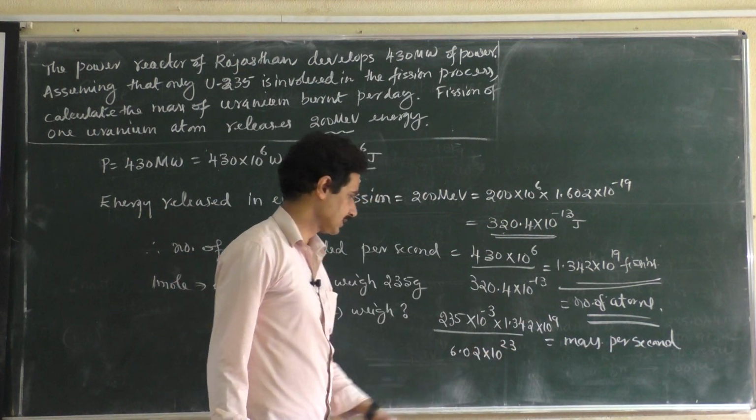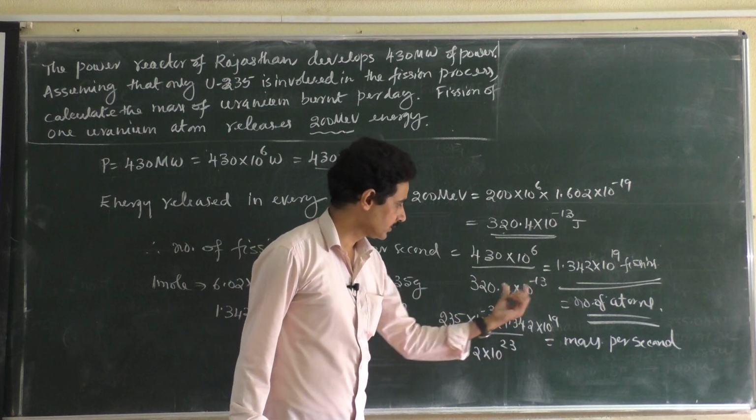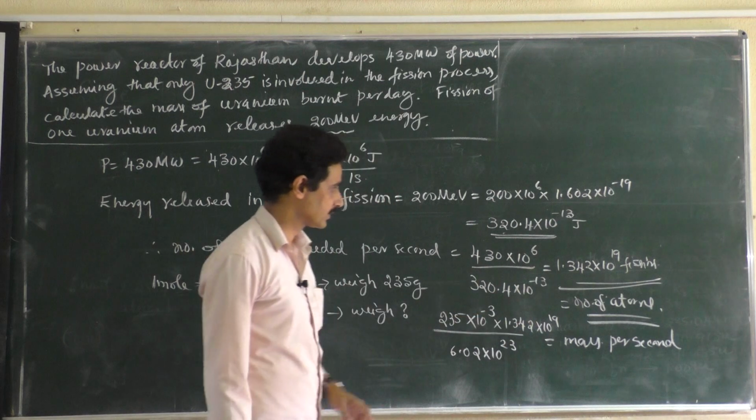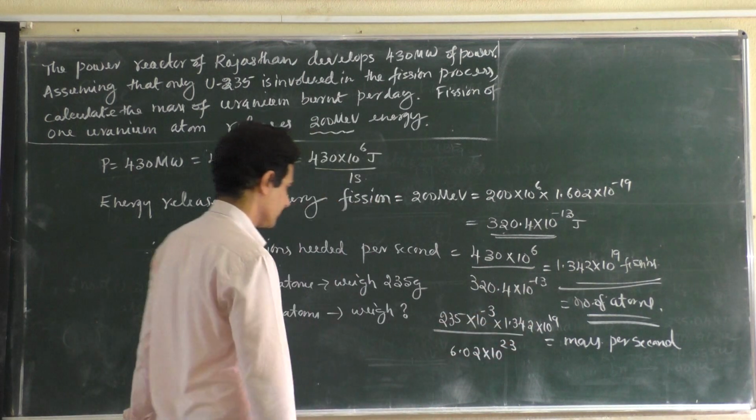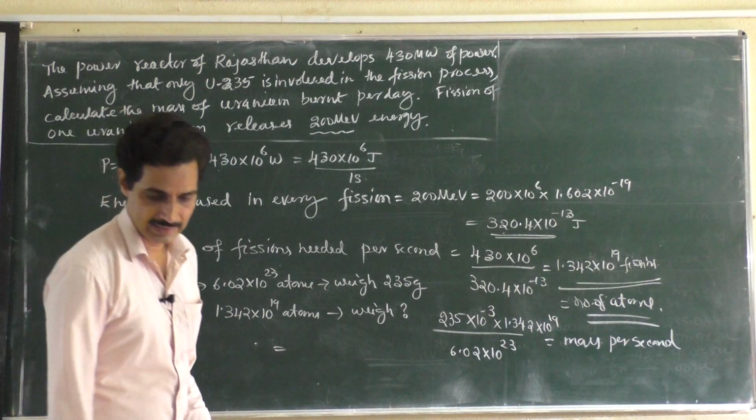6.02 into 10 to the power 23 atoms make 235 gram. 1.342 into 10 to the power 19 atoms or fissions make how much gram? That is equal to the mass needed per second.